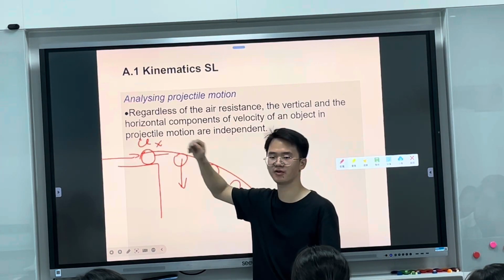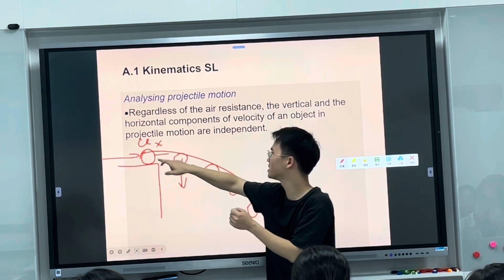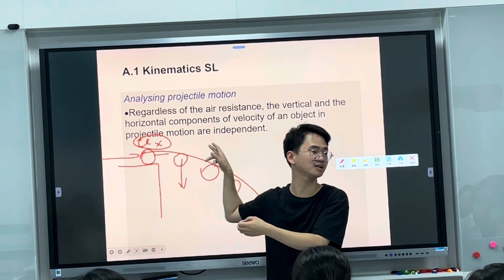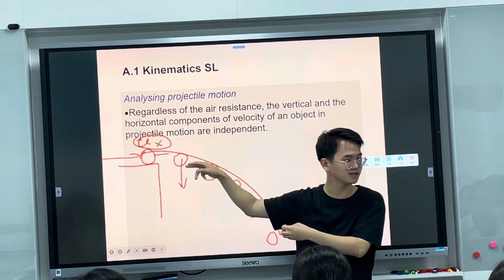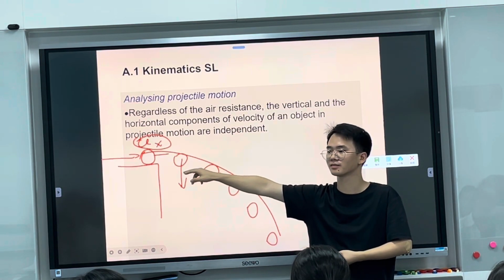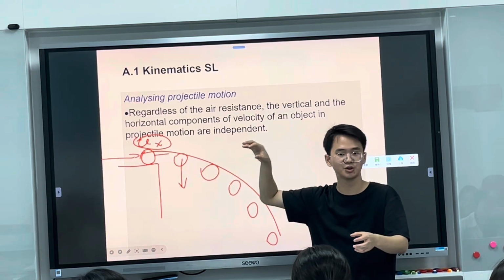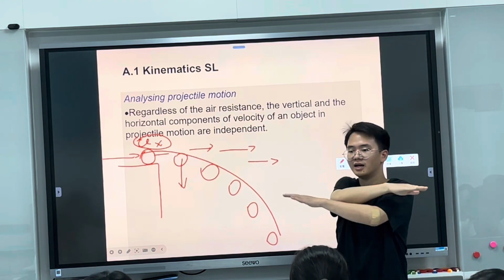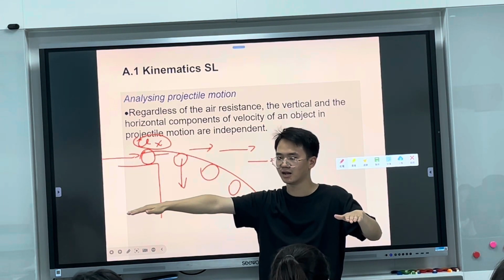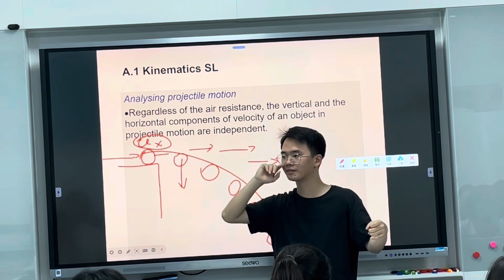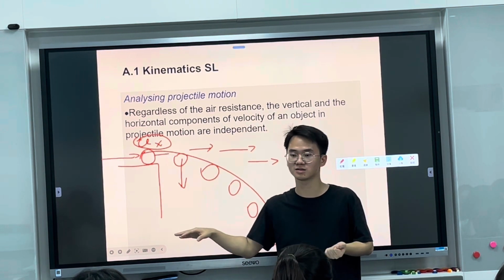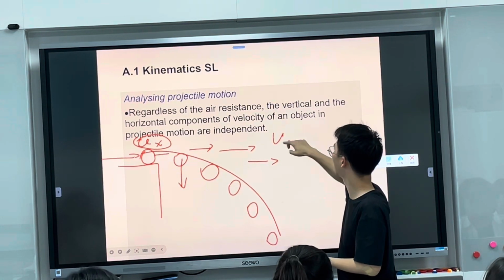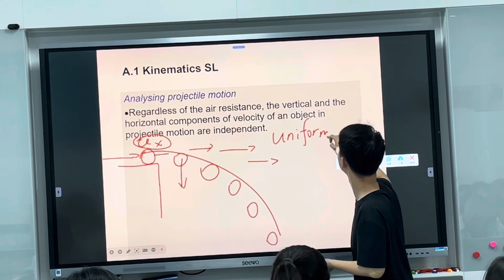If there's no acceleration, that means no acceleration to speed up this horizontal initial velocity, and no acceleration to slow it down. Then what happened to this ux? It just stays ux, right? It just stays as it is, which means in the x-axis, what type of motion is it doing? Constant velocity. It's moving under constant velocity in the x-axis, right? So we call that uniform linear motion in the x-axis.